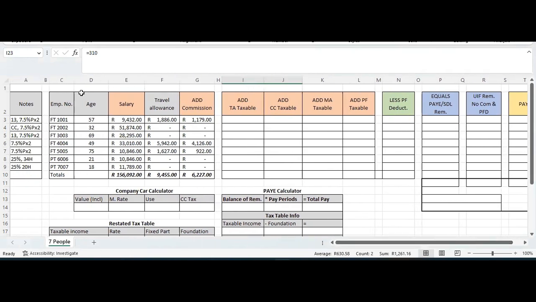Once again, this is just now in Excel, so I've given you again what you received, and everything else I left blank. And now we are beginning to make little notes. We say that as far as employee 1 and employee 3 are concerned, both of them are getting a 13th cheque. I just indicated a little 13 there in the notes, and you will be able to do that in your margin on your paper.